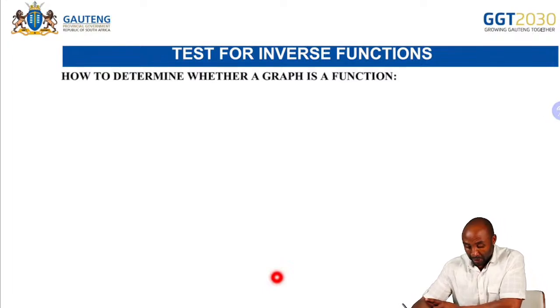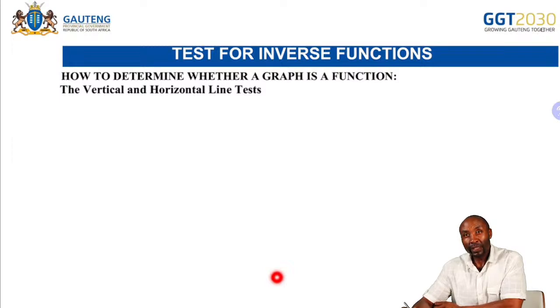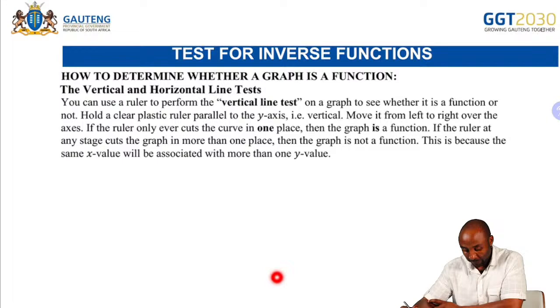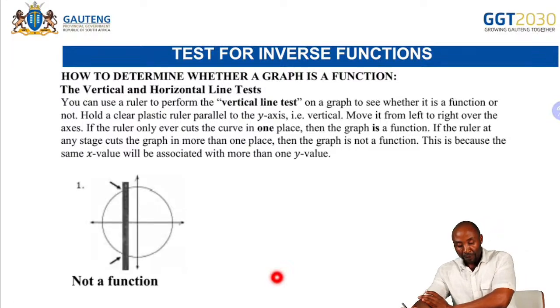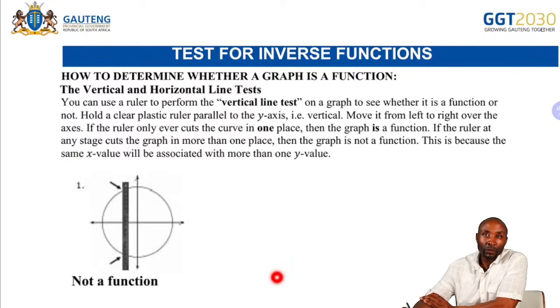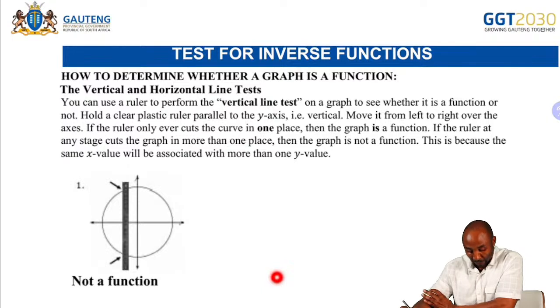How do we test for inverse functions? We use the vertical line test and the horizontal line test. The explanation is above, but what you can do is take a straight ruler, or a transparent paper if you have one, and move it from left to right across whatever graph you are given.